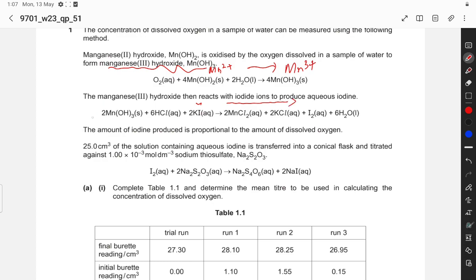So manganese(III) hydroxide acts as an oxidizing agent and potassium iodide acts as a reducing agent. Manganese(III) ions oxidize iodide ions to iodine, and are themselves reduced from 3+ to 2+.